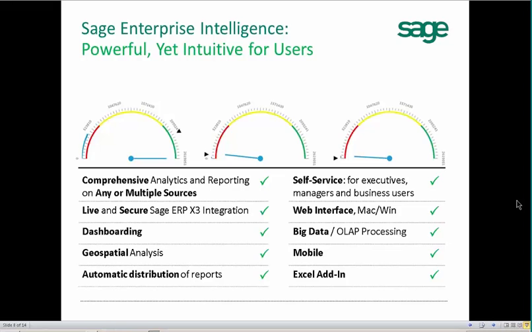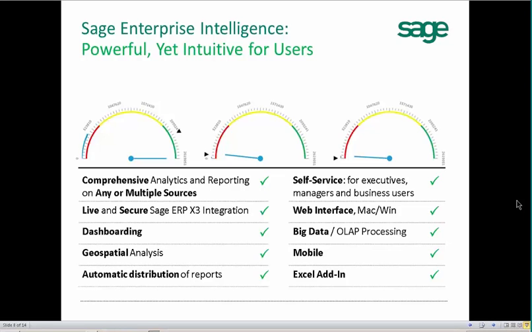Now, you're going to see some of these in the demonstration. But just to let you know, Sage Enterprise Intelligence includes many different tools and ways of presenting that data. So we've got the ability to pull data from multiple sources. We've got live connections to Sage ERP X3, and that's critical because we're looking at information in real time. It has the ability to create dashboards. We've got the ability to create charts of different kinds.